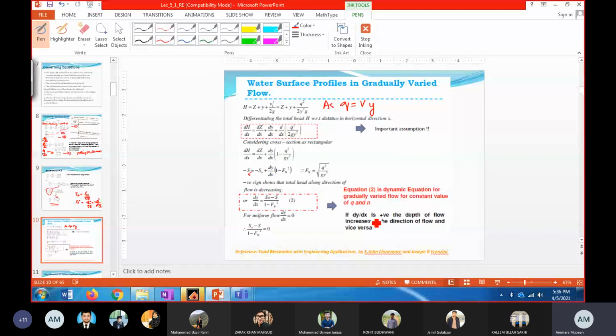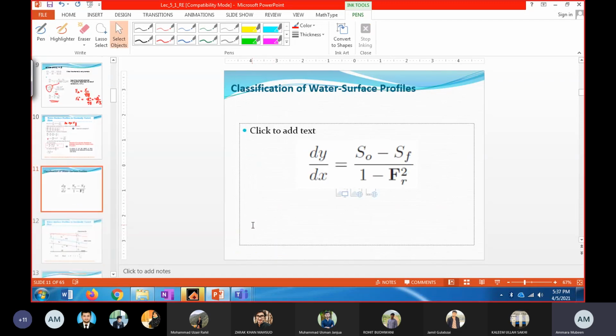So if dy by dx is positive, the depth of flow increases in the direction of flow, and vice versa. So you need to calculate this term in order to know the sign of this dy by dx so that you can sketch the surface profile.